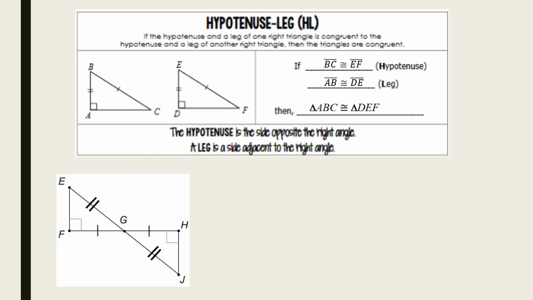We have a hypotenuse and a hypotenuse of the other one, and we've got one of the legs and a leg of the other one, and we know it's a 90-degree angle. So we've got a hypotenuse and a leg, so it's HL. Make sure it matches over here. We got a hypotenuse and a leg. Yep, the two triangles are congruent.